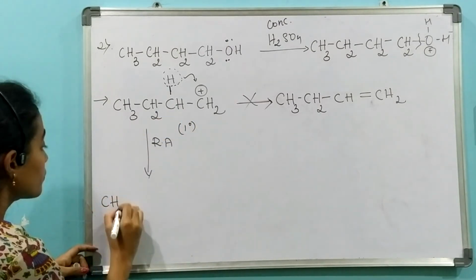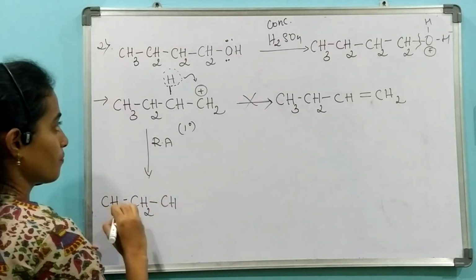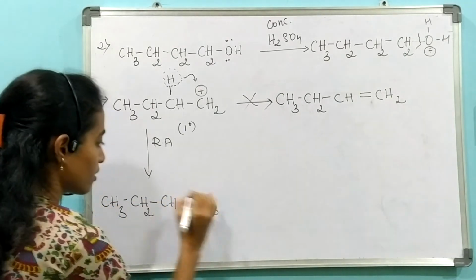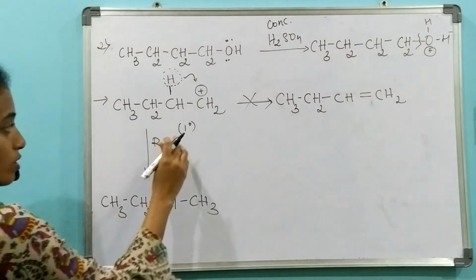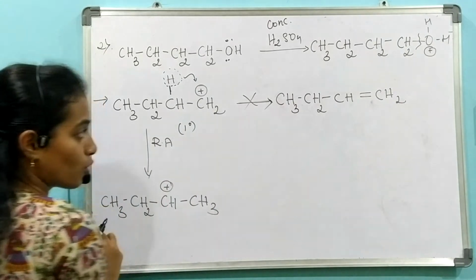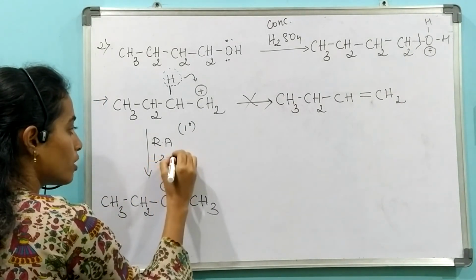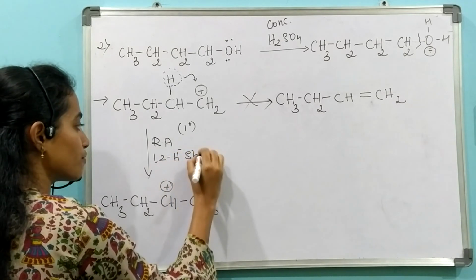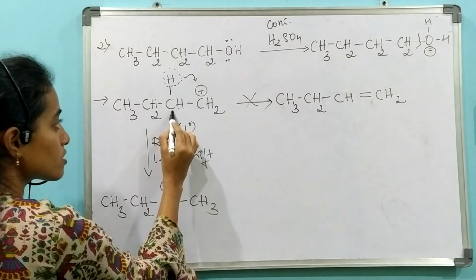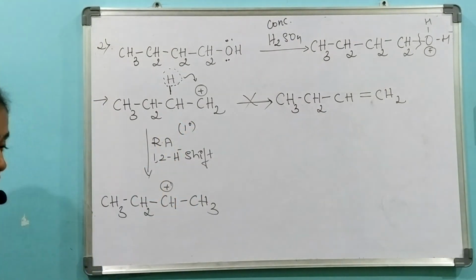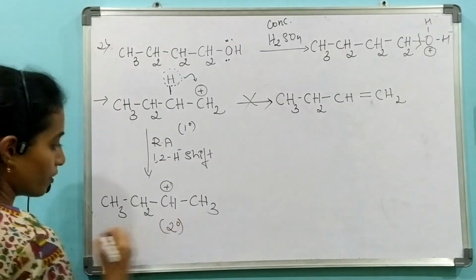So what did I get? CH3, CH2, CH plus, CH3. I got a carbocation here. This was a primary carbocation which you got, and I did a rearrangement by 1,2 hydride shift. I shifted my hydride from this carbon to this particular carbon. Therefore I got a secondary carbocation.